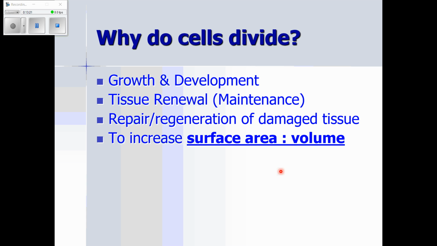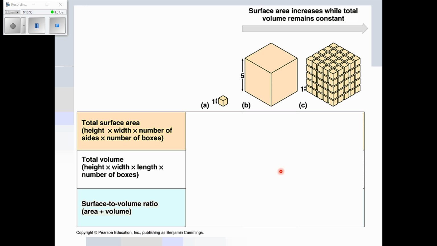Well, to illustrate the importance of surface area and volume and the ratio between those two, let's look at a simple example. And I know there's probably not a single living cell anywhere that has the exact shape of a cube, but I'm going to use the basic cube as an illustration, just because the cube is a basic geometric shape that we all kind of can appreciate and wrap our brains around.